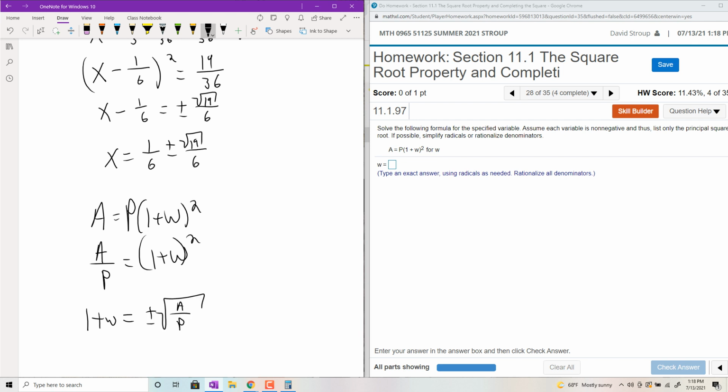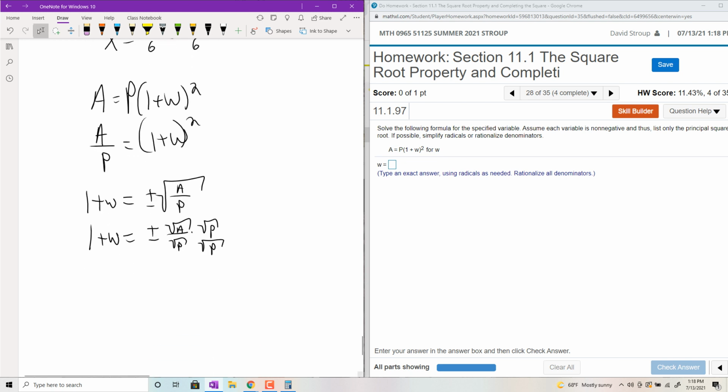They're going to want us to rationalize here, I can only assume. So, you know, it's square root of a all over the square root of p. Multiply top and bottom by square root of p. Okay, and then move the 1 over.